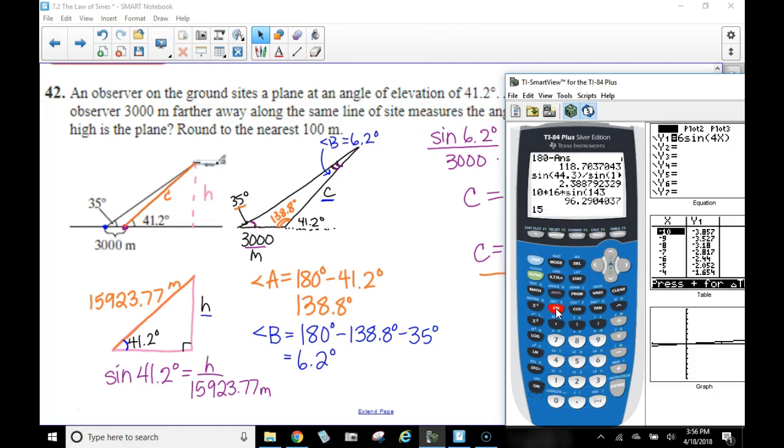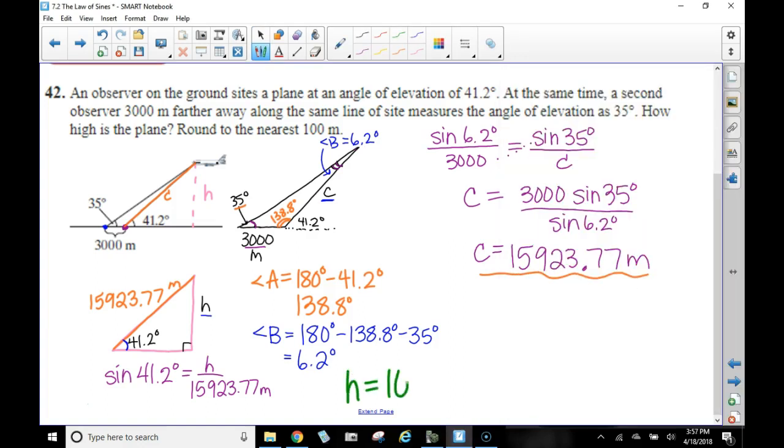I need to multiply 15,923.77 by the sine of 41.2 degrees. And that's going to give me H, 10,488.8. Now, this said round to the nearest 100 meters. The nearest 100 meters would be 10,500 meters. So our answer, rounded to the nearest 100 meters, is a height of 10,500 meters.